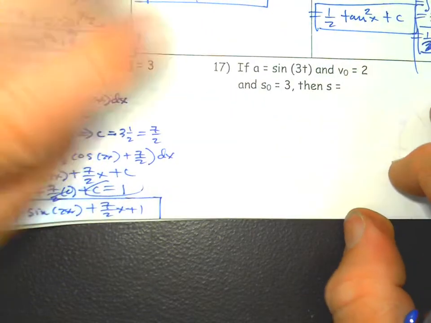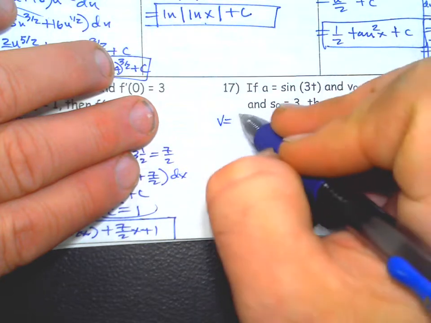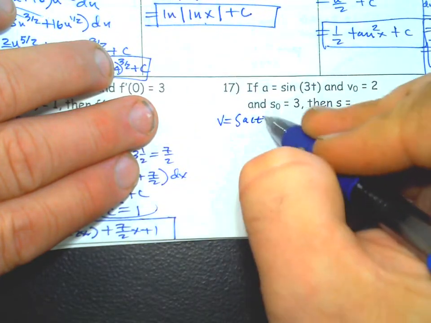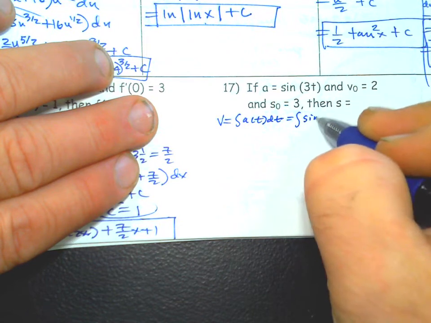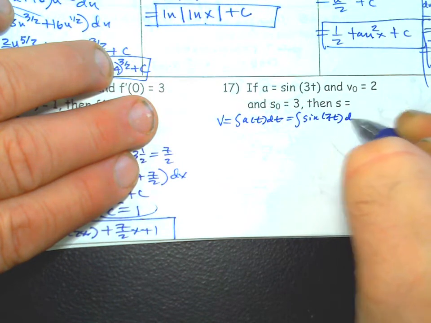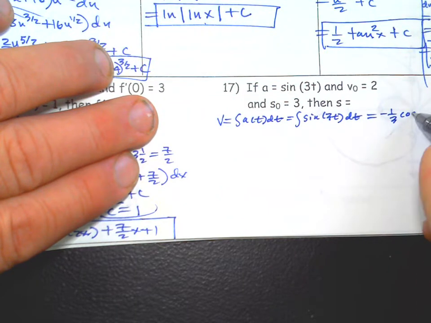Similar idea here, but applying it to motion. Velocity is the integral of acceleration, which is the integral of sine 3t, which is going to be negative 1/3 cosine 3t plus c.